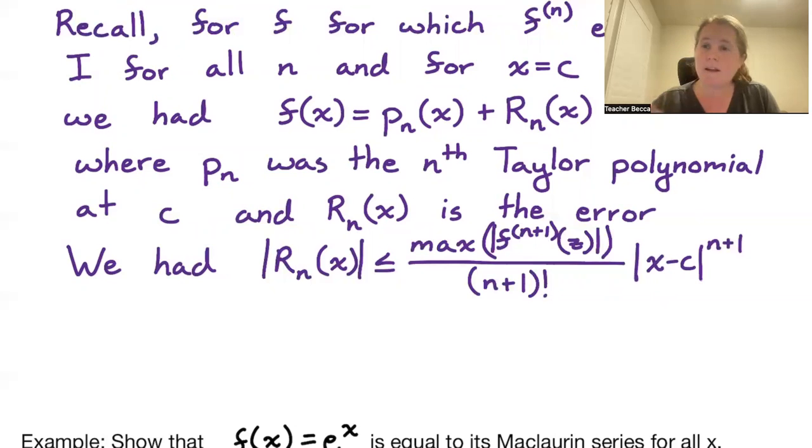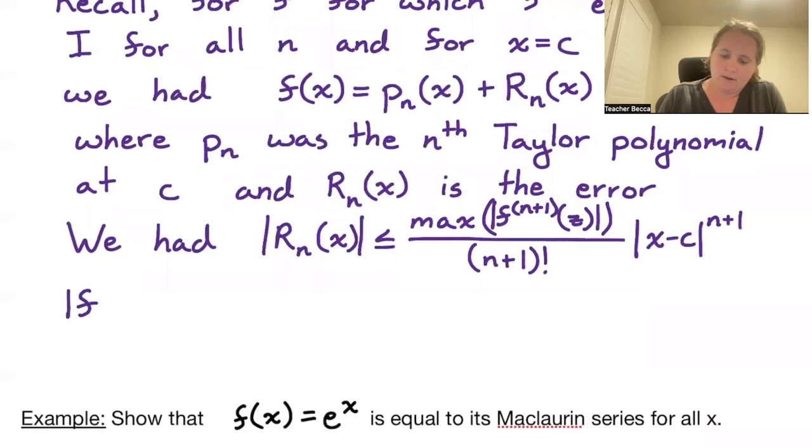Essentially what we need is we need these errors to go to 0. And if the errors go to 0 for all x in I, then we have f of x is equal to its Taylor series on I.